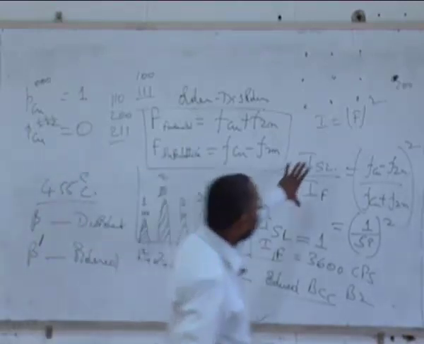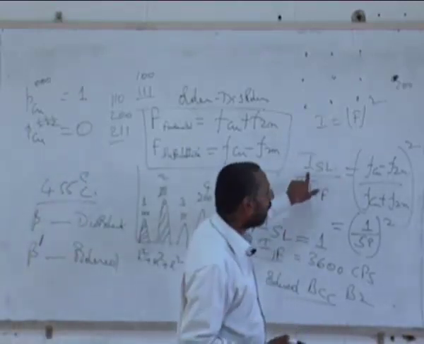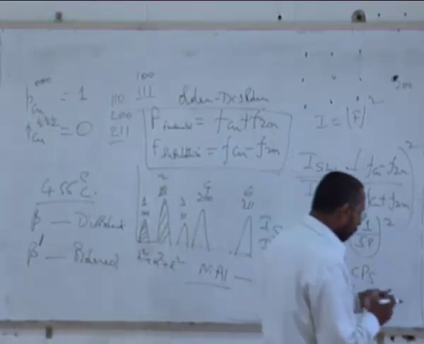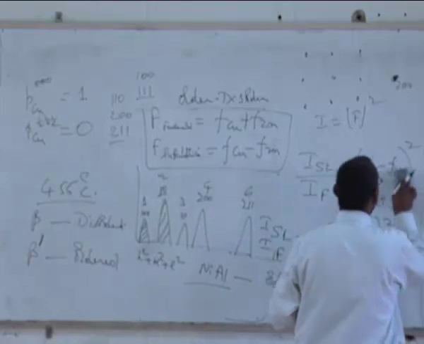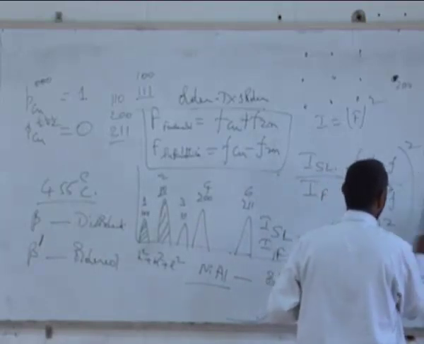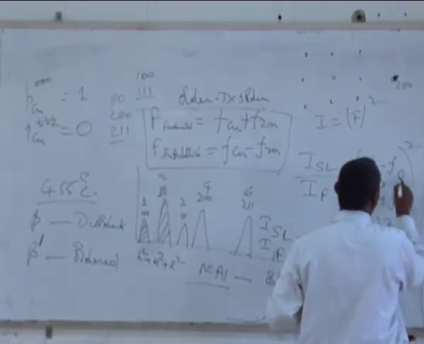Now if I use the same formula for the intensity of the superlattice reflection, instead of copper zinc, I simply have to replace nickel and aluminum. This is nickel, aluminum.